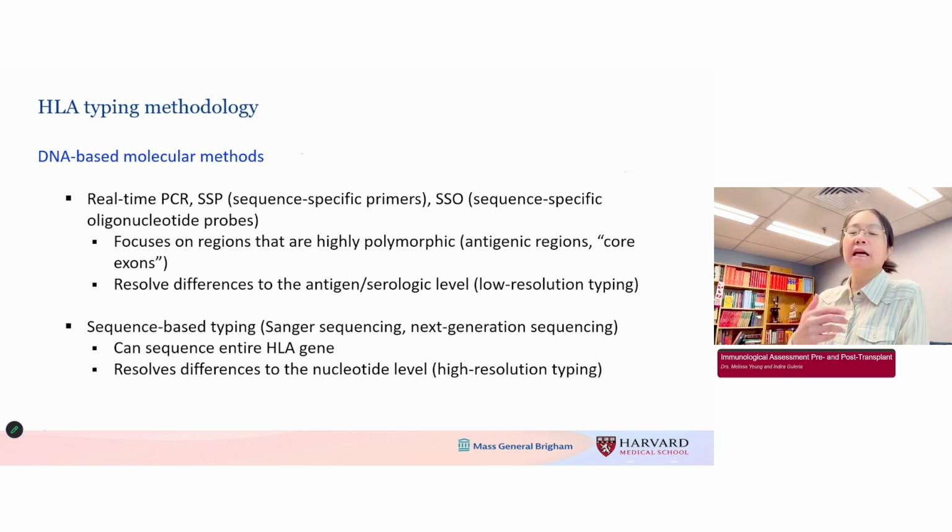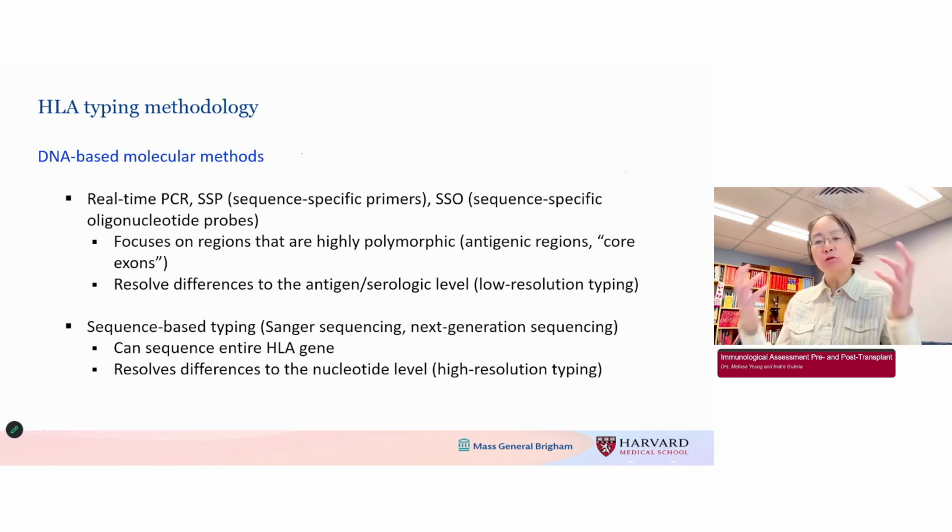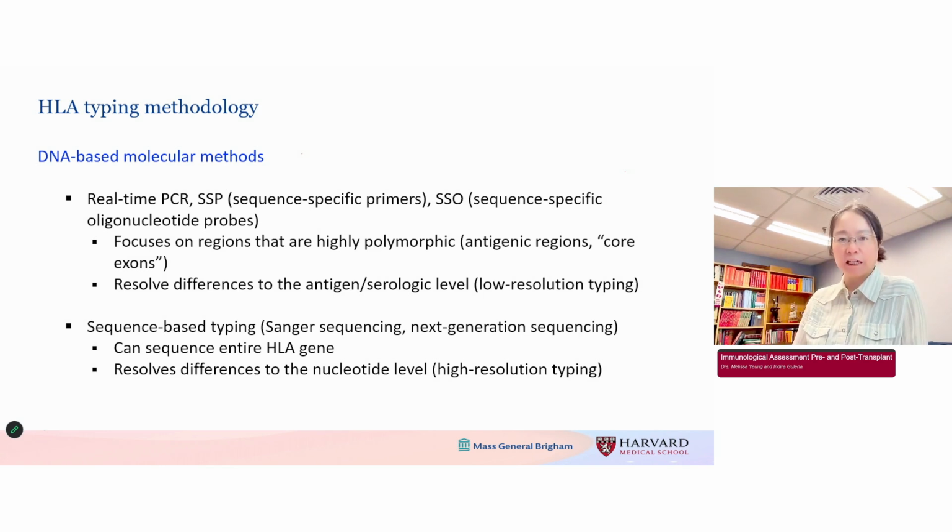If the antigenic region is similar between two different alleles or proteins, they're going to be categorized the same way via low or intermediate resolution typing, and you may not be able to distinguish between those two alleles if the polymorphism is outside of the antigenic region. The goal of this assay is to focus on those core exons and identify the highly polymorphic antigenic regions.